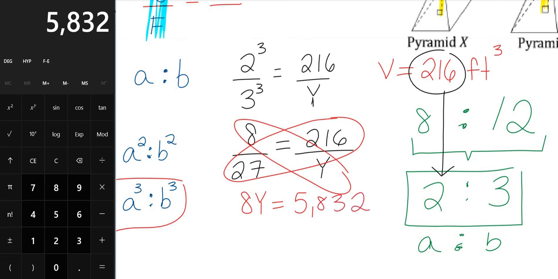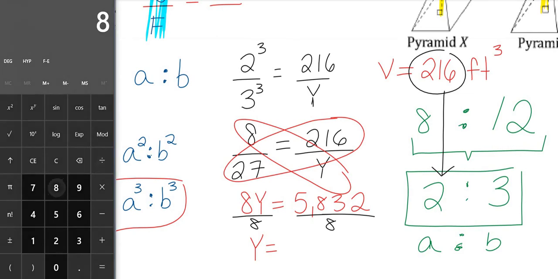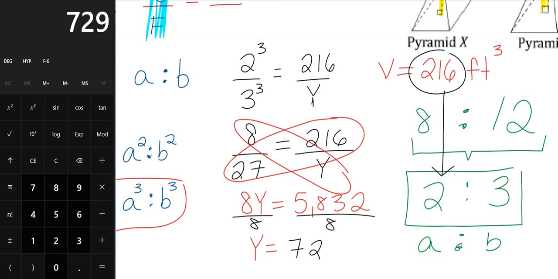Last step, divide by 8 so that you can get y by itself. Okay, dividing by 8. So in the calculator, divided by 8. And we get exactly 729. And remember, this is the volume, so it's going to be in feet cubed. This is going to be our final answer.